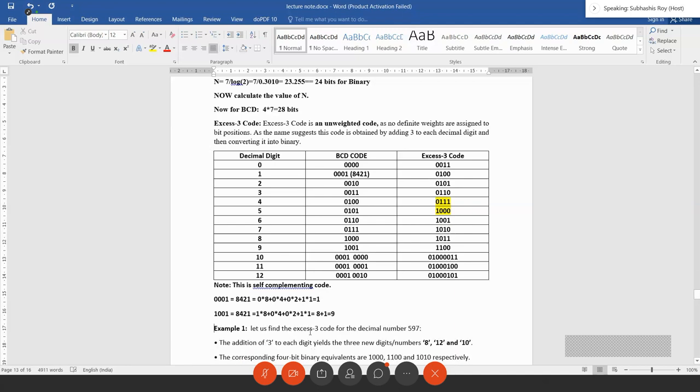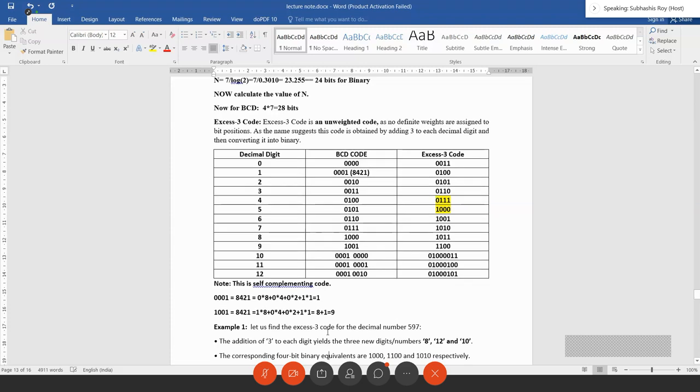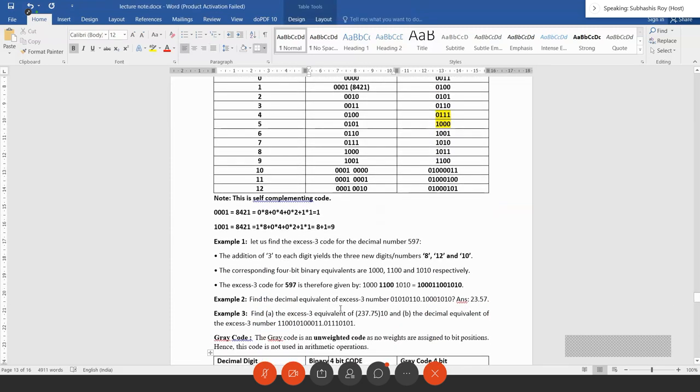So I think I am clear. And one another thing that I have mentioned, don't get confused over this combination. Whenever a number is given, you need to add 3 for each and every digit. After adding 3, you may get a 2-digit number like 12, 10, 11. Maximum what you can get is 9 plus 3, 12, 8 plus 3, 11, 7 plus 3, 10.